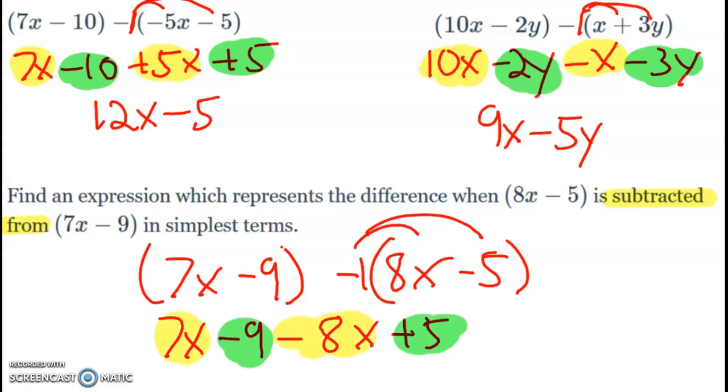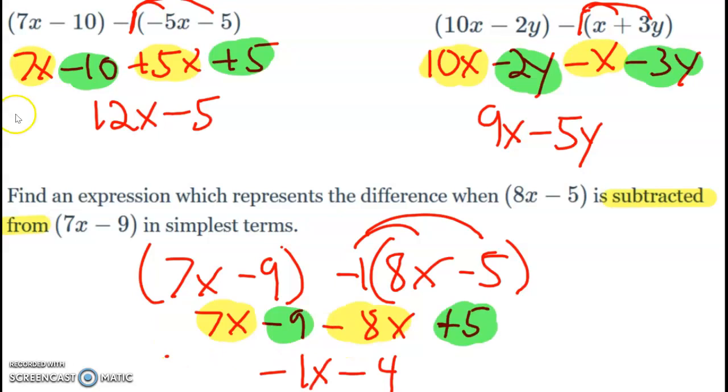Now we're going to find the like terms and then add them. We've got 7x and negative 8x. Different signs, find the difference. 8 minus 7 is 1. And negative 9 and positive 5. Different signs, find the difference. Get 4. The 9 is bigger, so we leave it negative.